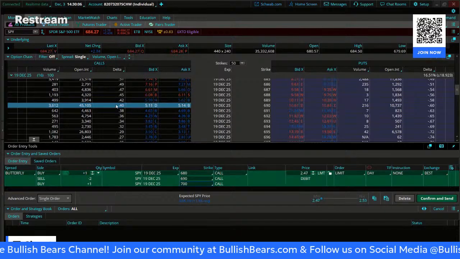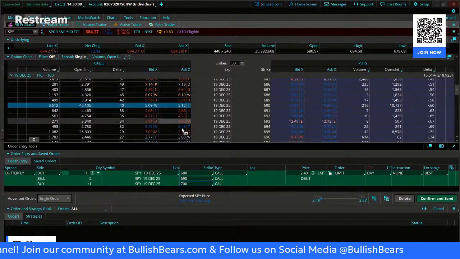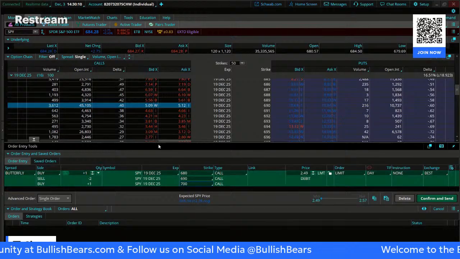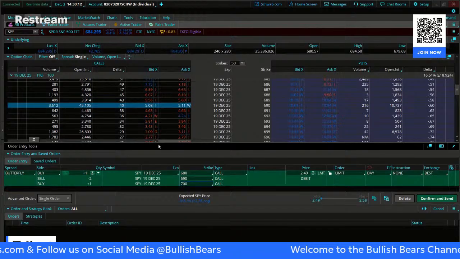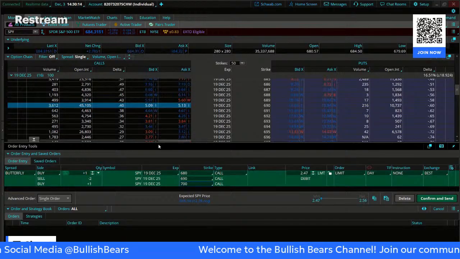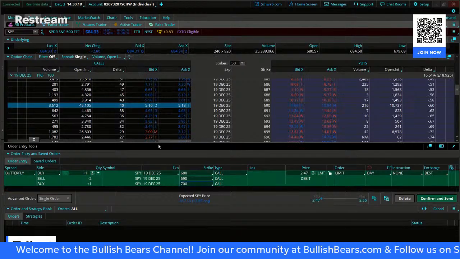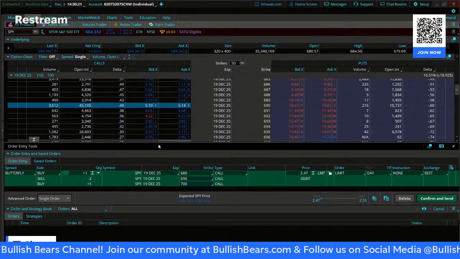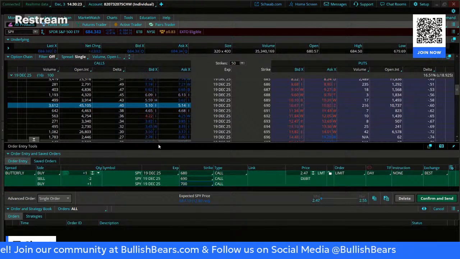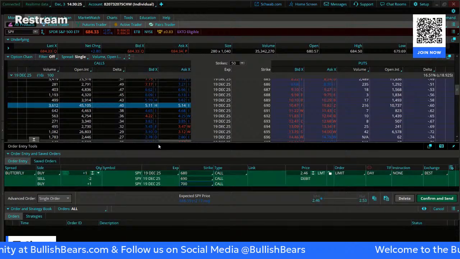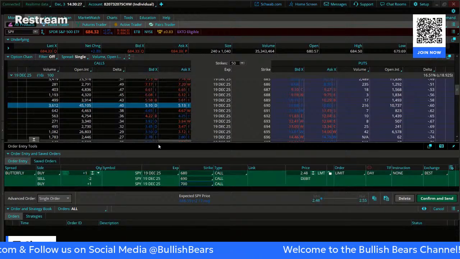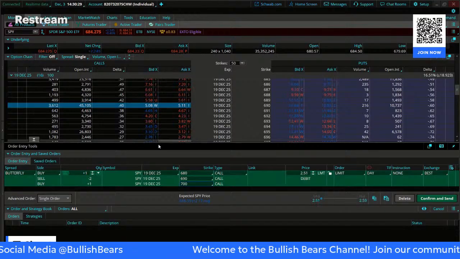How do I know it's 40? Because it's a 40 delta. Delta is an old school function of probability. If I brought Tasty up, it would give us a different answer because they use a Monte Carlo level simulation for probability. But old school, off the cuff, I'm in a hurry, I'm in my zone, and I just want to see, what's my odds here? 40% chance that we bullseye this thing.